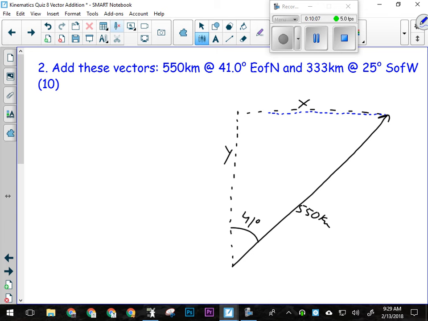All right, so 25 degrees south of west. Here's y, here's x, and this is 333 kilometers, and this is 25 degrees. I think that's at least somewhat to scale. South of west and then east of north for the other one.